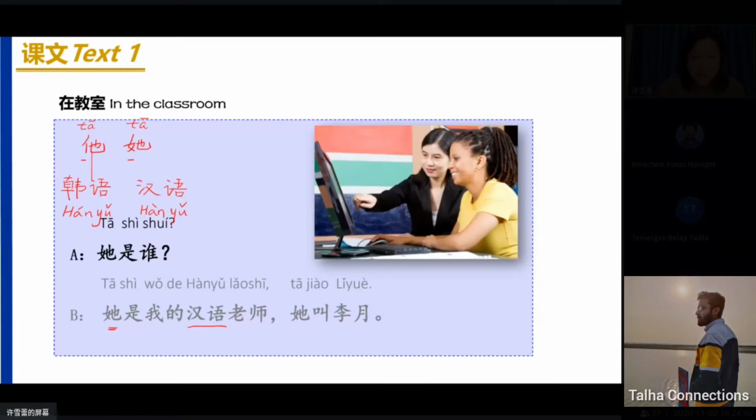Now you may find for Chinese language here 四声, fourth tone, 汉语. For the other one, 韩语, that's second tone. In fact 韩语 is Korean language. So there are two different languages in Chinese. Han second tone, Korean. Han fourth tone, Chinese.